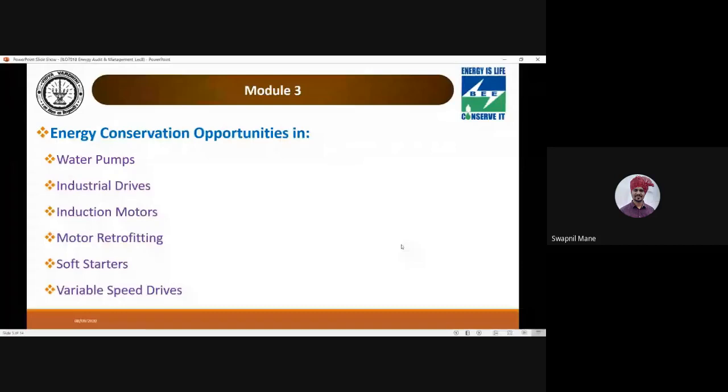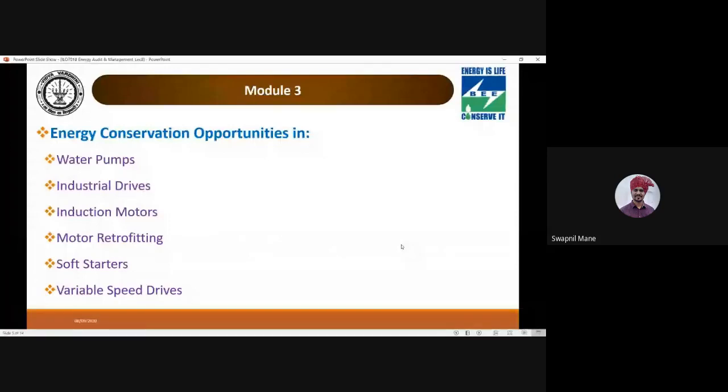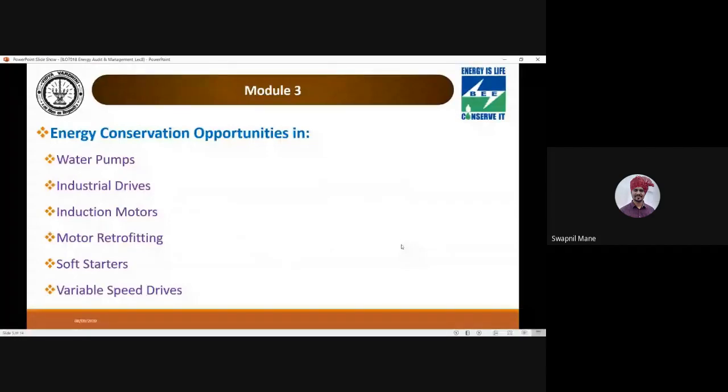Then you have industrial drives in some process industries like the dairy industry, HVAC system. Induction motors you have in traction motors, right? In some places you require motor retrofitting, how it can be done, what are the methods. Then soft starters, VFD, variable frequency drive, variable speed drives.